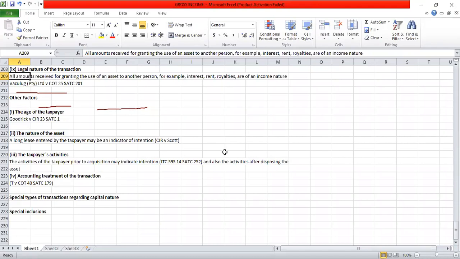In your books of account, if you include an item as an non-current asset, that will be what? That we can assume that is of a capital nature. Any questions there?